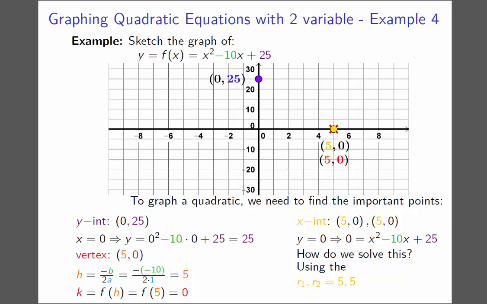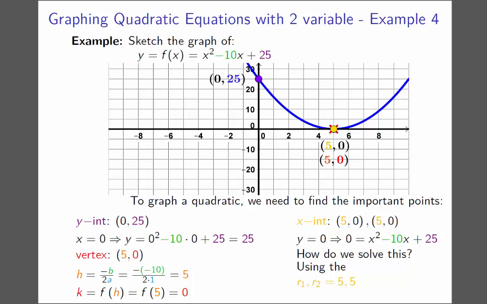In using these 2 points and our line of symmetry, we can sketch the graph on the left-hand side to pass through our y-intercept (0, 25), and then get the graph on the right-hand side by taking the mirror image. And once we have this, we now have the graph of y equals x squared minus 10x plus 25.